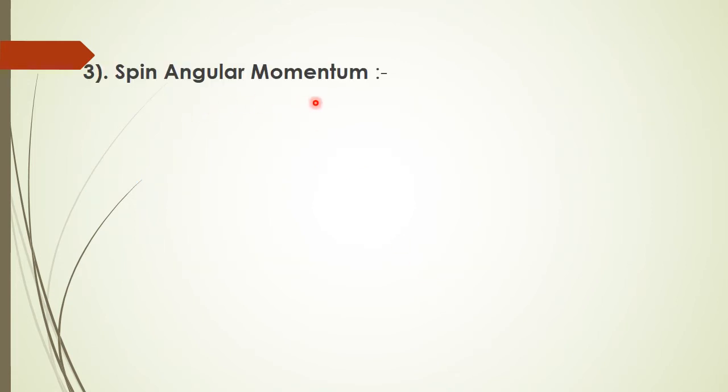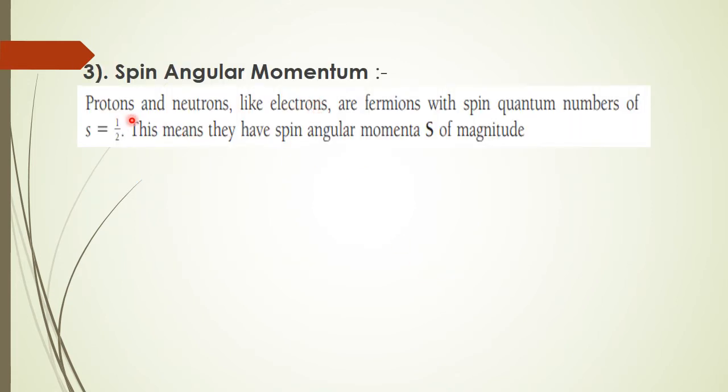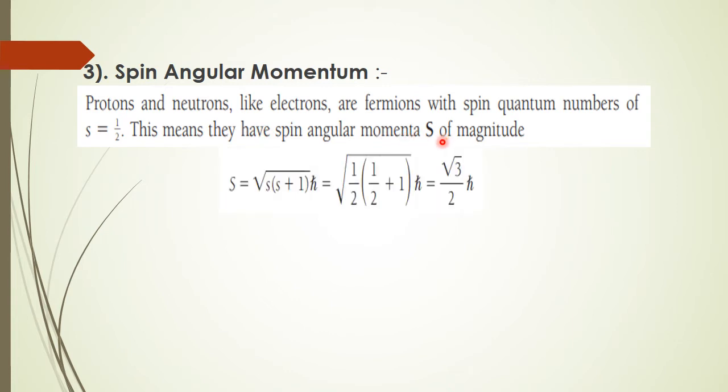Next is spin angular momentum. Like electrons, protons and neutrons, all the fermions have spin quantum number half, s is equal to half. This means that they have spin angular momentum S of magnitude S is equal to root of s(s+1) ħ.